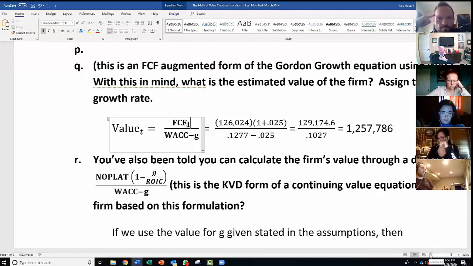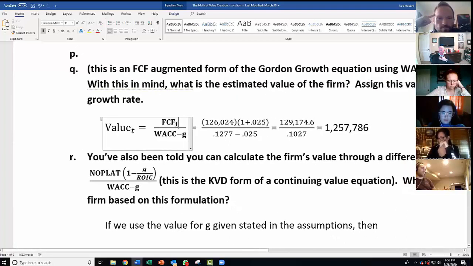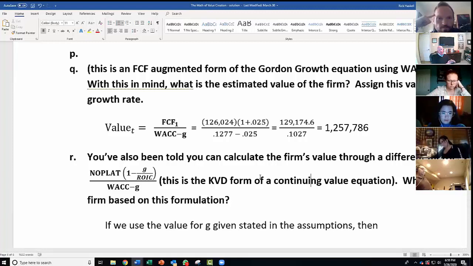Quick question. It could have been free cash flow 3 or 4, or is it always 1? That's a really good question. I'm going to ask you to simply accept the answer, and then you're going to understand it in 2 weeks. We could have just as easily used free cash flow at time 3.